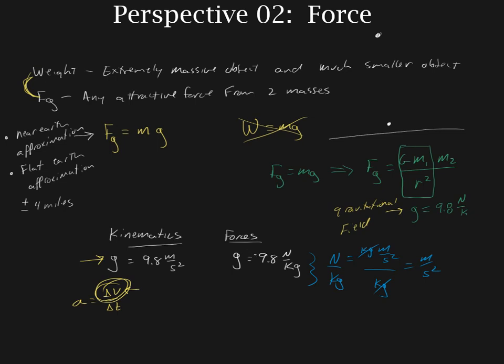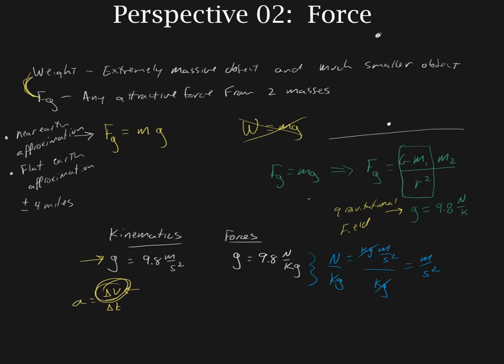All it means when you have a gravitational field is that a massive object is nearby, and that if you place another mass in that field, in that region of space that's near the object, that test object, whatever it happens to be later on, is going to feel a force. And how much force does it feel? In the case of being near the Earth, it's going to be 9.8 newtons per kilogram.